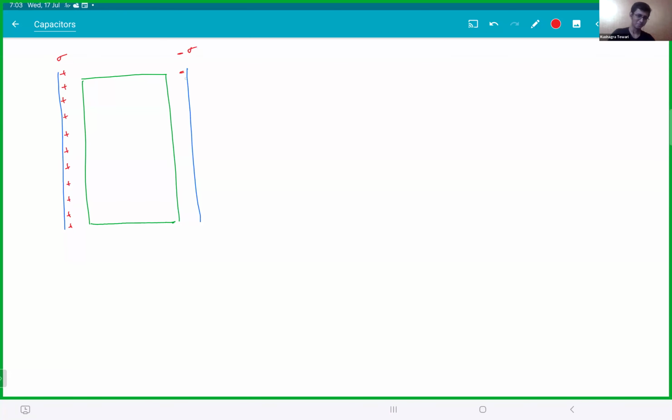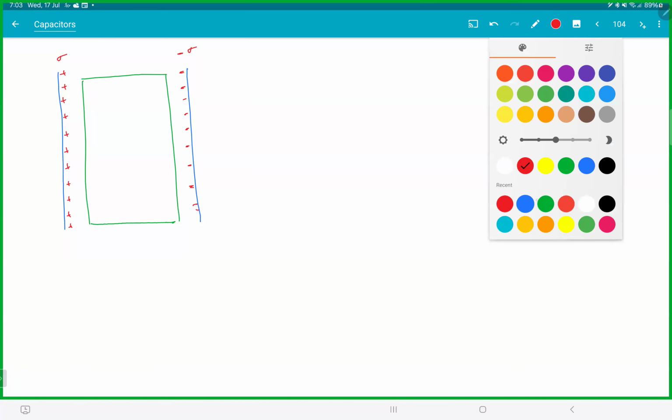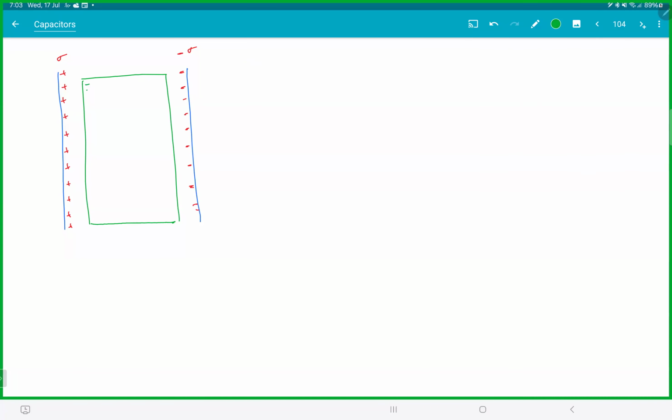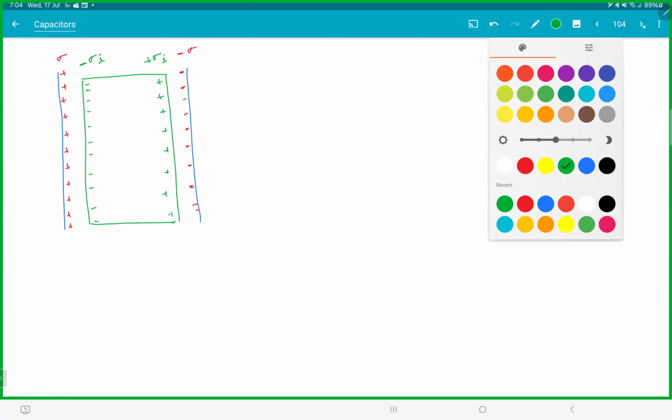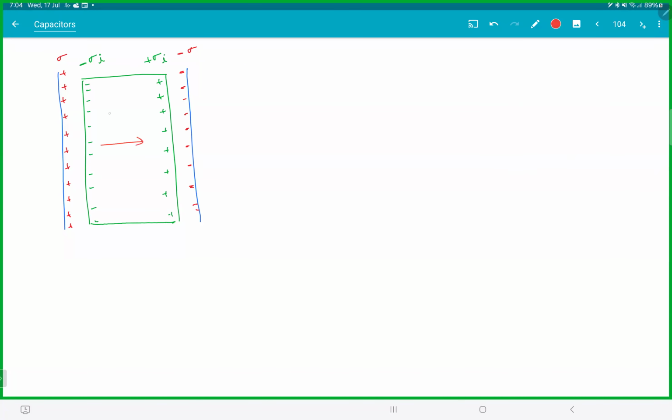So if you put a dielectric slab here, sigma is your charge per unit area. Now what will happen? This will induce the negative charge here, again due to the dipole here. So this charge will be minus sigma induced, this will be plus sigma induced. Inside now there are two fields which are fighting. One is due to the plate.